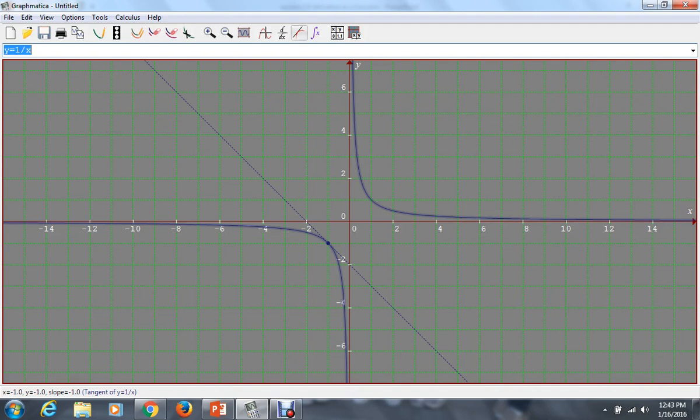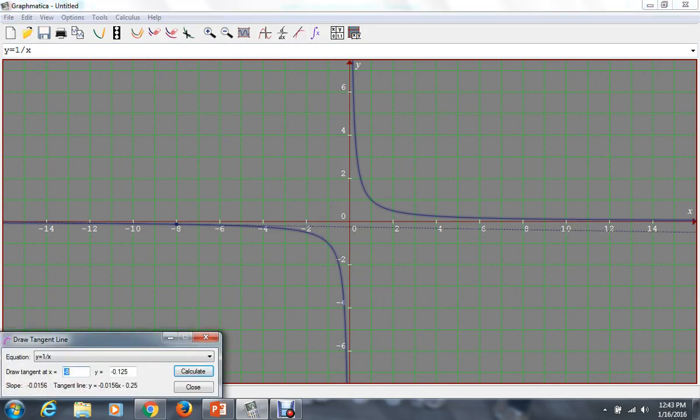If we looked at the slope of the tangent line at other values, if we started back here and looked at the slope of the tangent line at -8, you can see it's a negative slope, but it's a very small slope at -8. So we could plot a point at -8 and calculate the slope of that line, which would be a very small negative number, and we could plot that point.